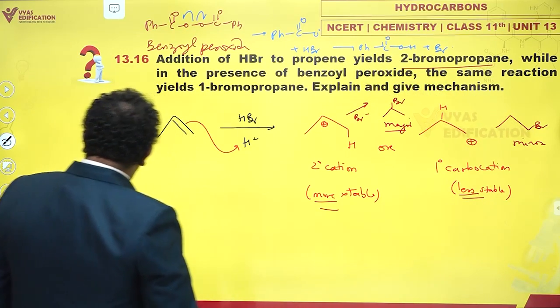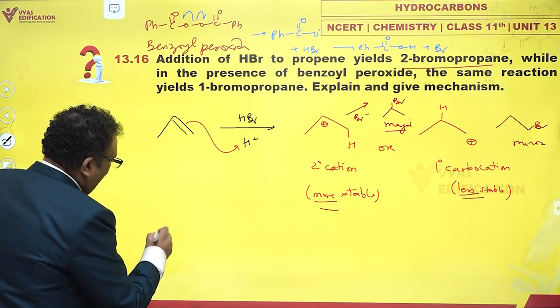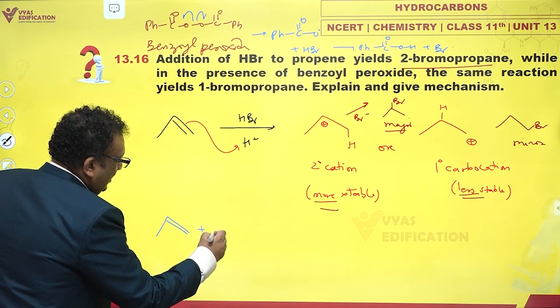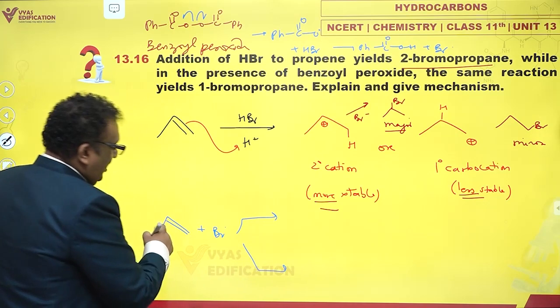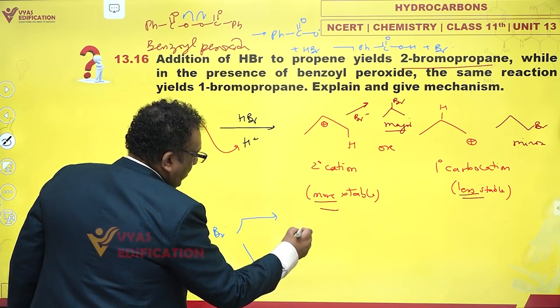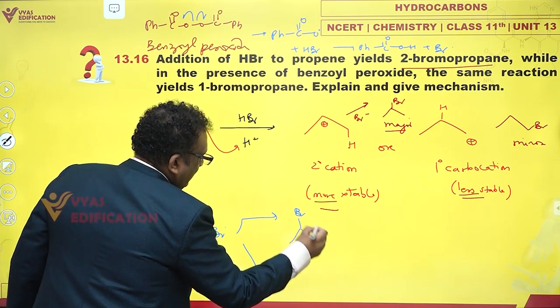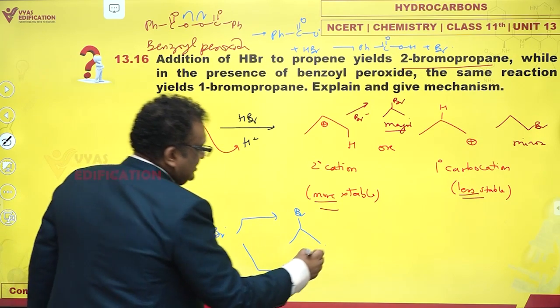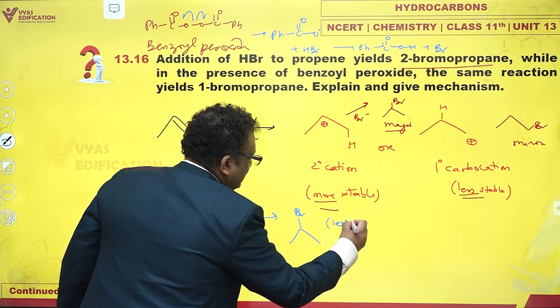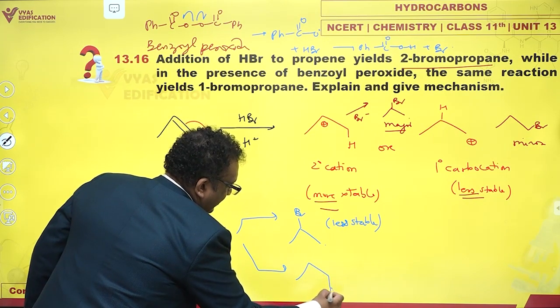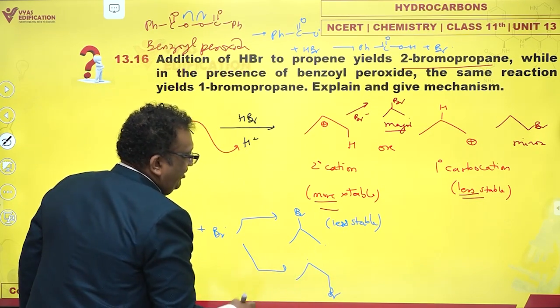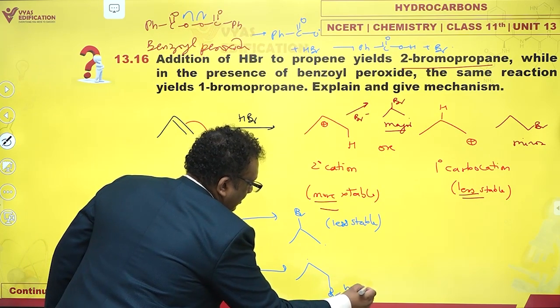And once we have Br radicals, the fun begins. If you add Br, there are two ways in which it can add. If it adds on carbon number 1, I get a primary radical which is less stable. And if it adds here, I get a secondary radical which is more stable.